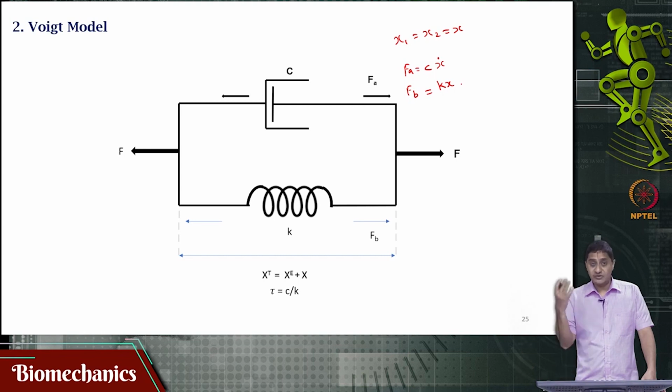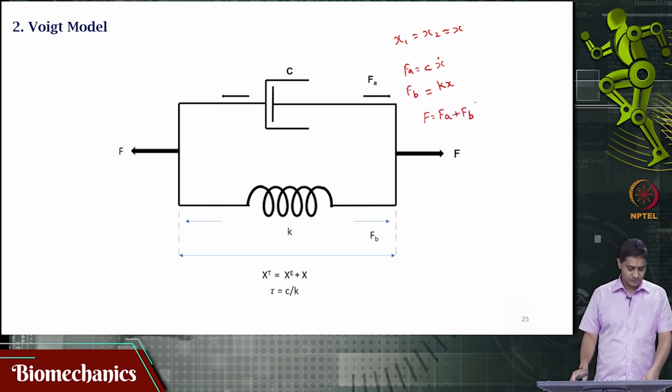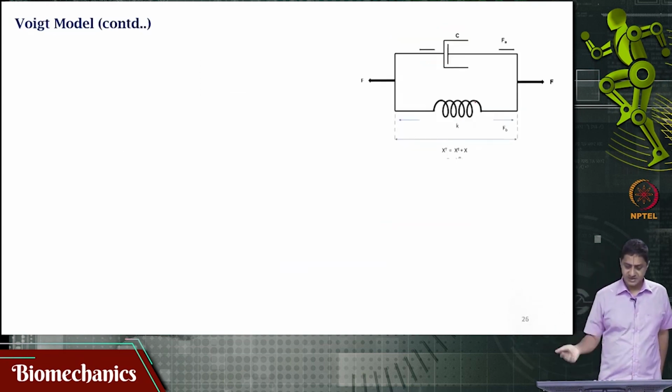So the total force that is felt by the whole system, F, is a function of the two forces Fa and Fb, or I can say F1 plus F2. So let's write this out.